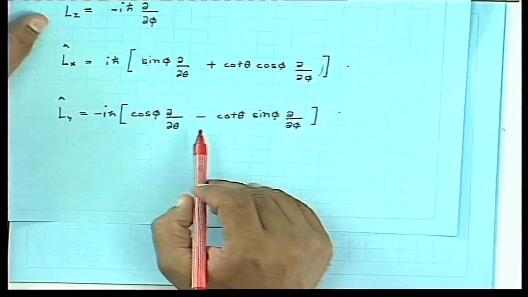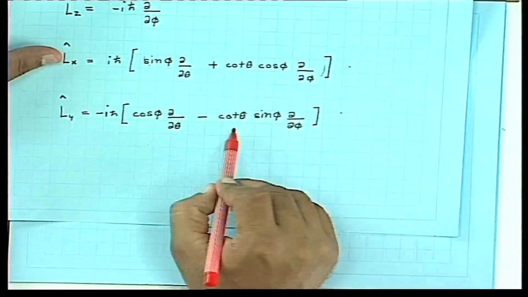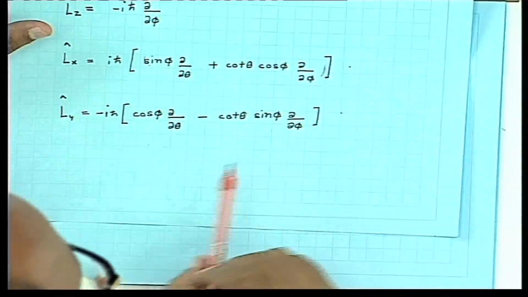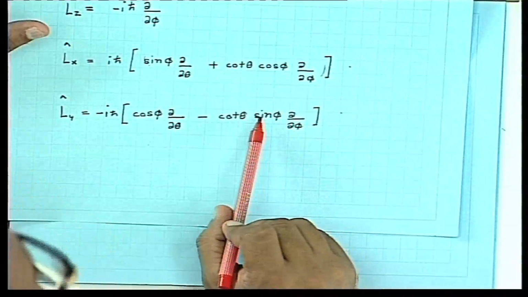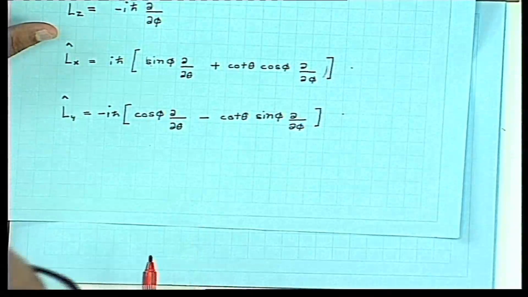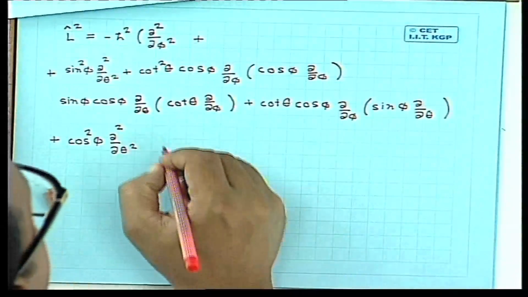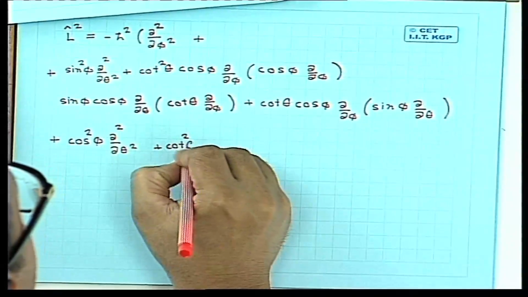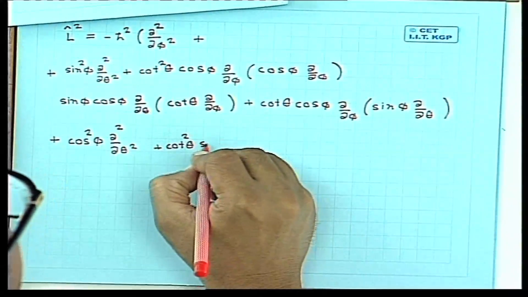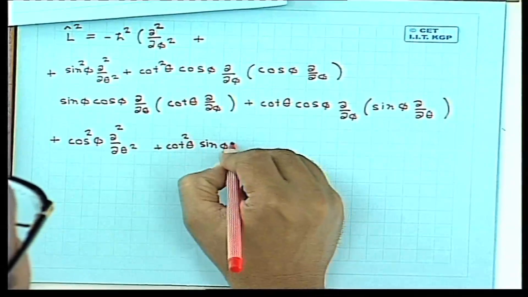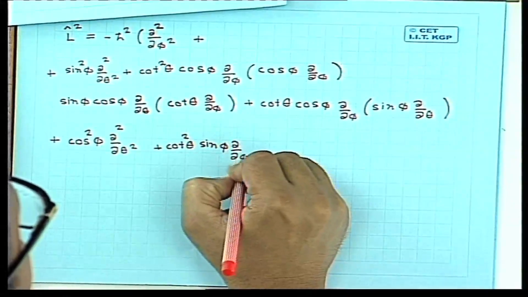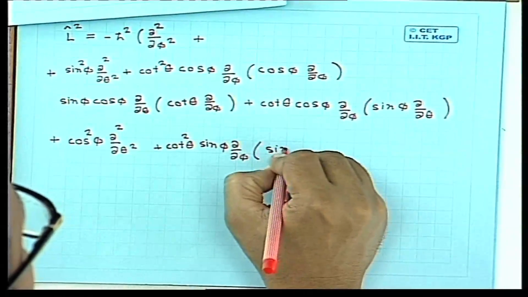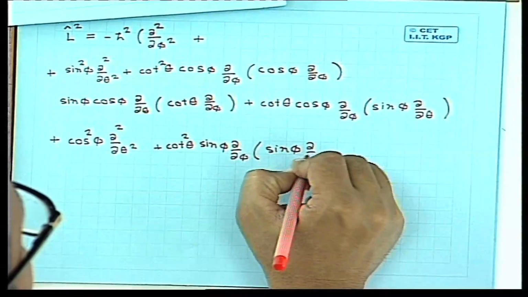Then I have the square of this term. Here again, del phi will act only on sin phi when I square this. So I have plus cot squared theta sin phi del phi, then sin phi del phi.